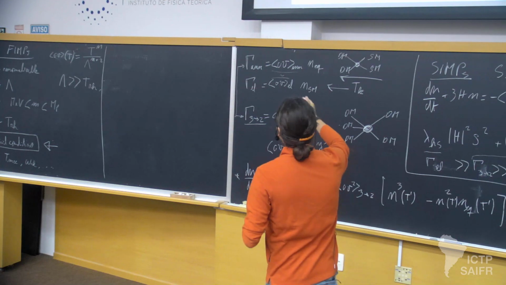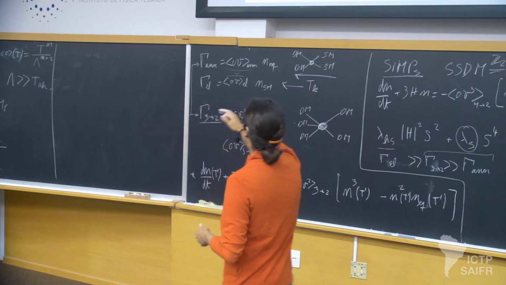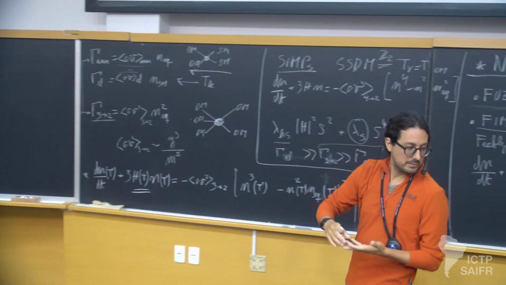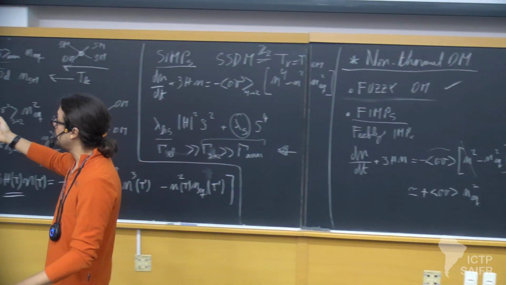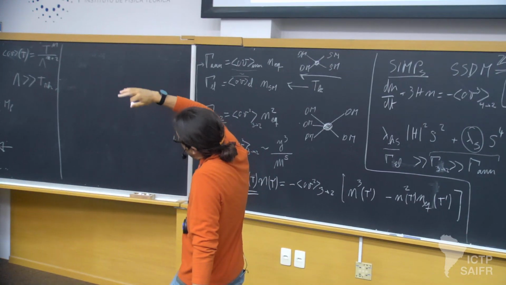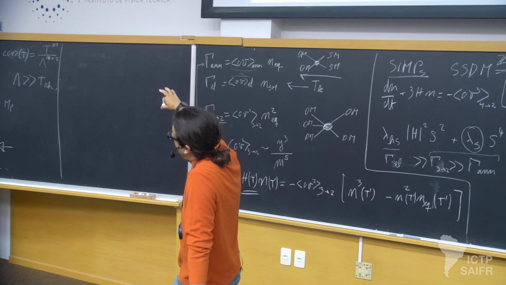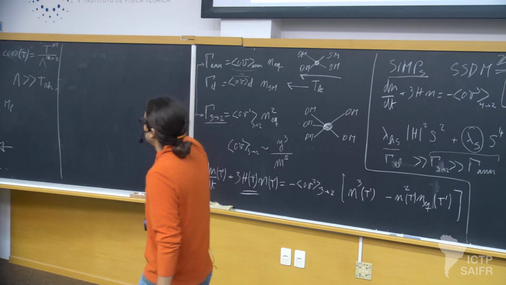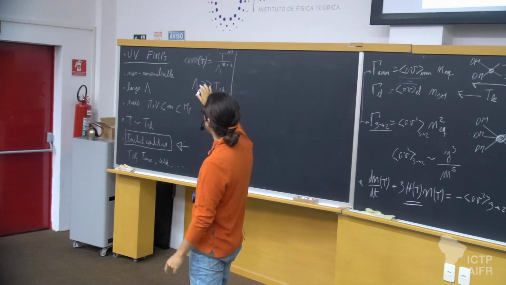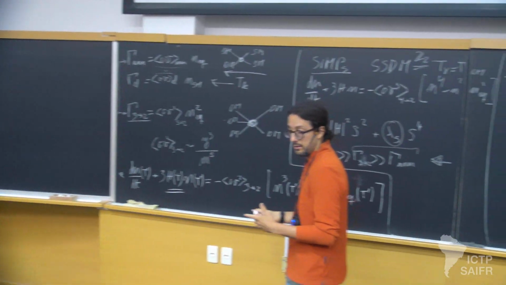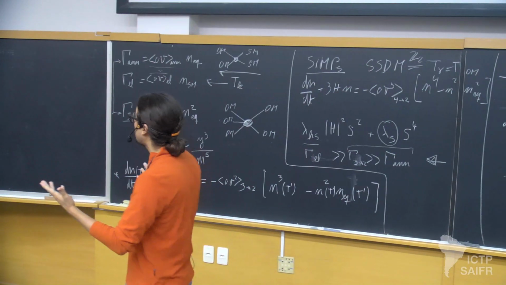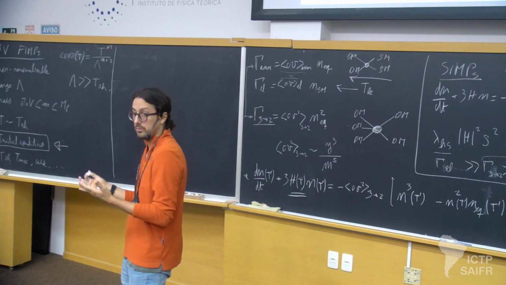Then we saw elders, cannibals, SIMPs, and non-thermal. We discussed last week with Kafir fuzzy dark matter, and now we saw FIMPs in the two versions, UV and infrared. They all correspond to playing with the collision operator, right?